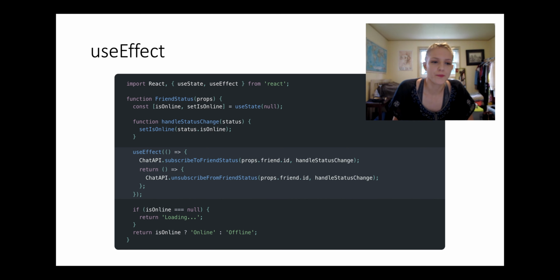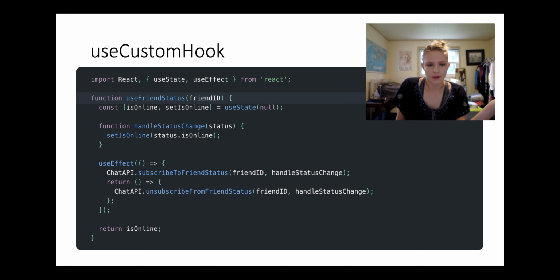Okay. And then lastly, we're going to talk about useCustomHook. And all I'm going to say about this is, what does it mean to be a custom hook? Two things. One, by convention, it just means that you used a lowercase u followed by uppercase camel case of whatever you want to name your hook. That's convention.